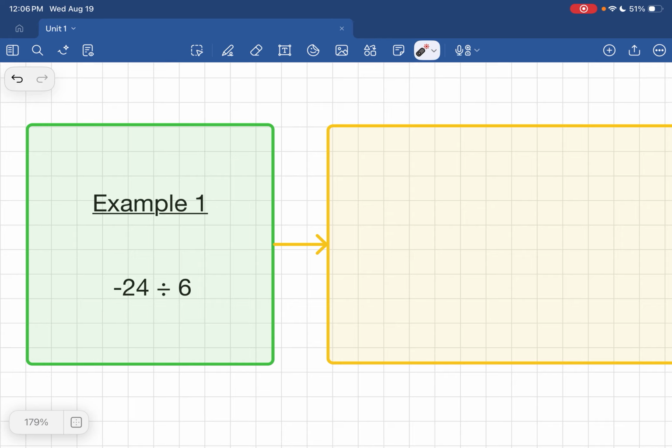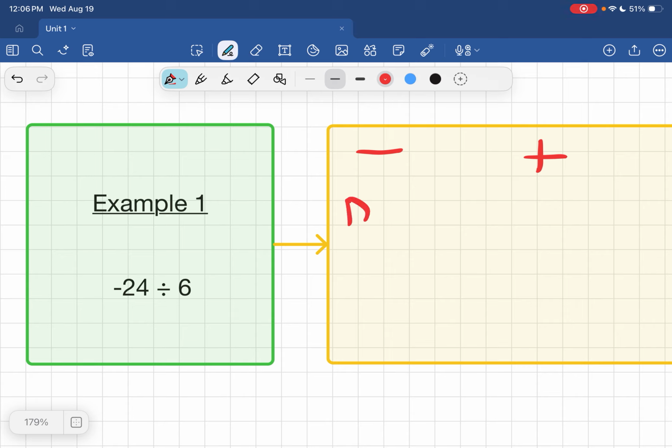All right, here's example 1, negative 24 divided by 6. First, we'll look at the signs. There's a negative 24 and a positive 6. The signs are different. Different signs give us a negative answer, remember.